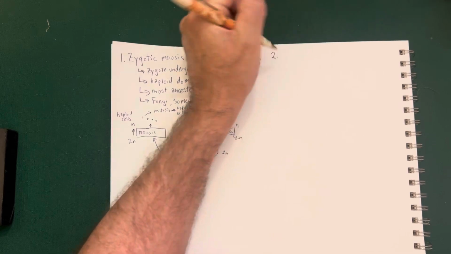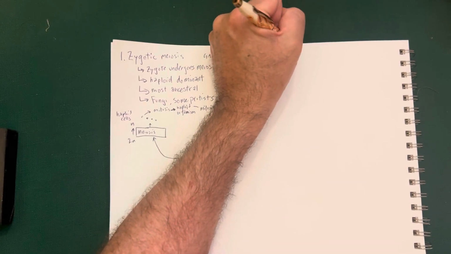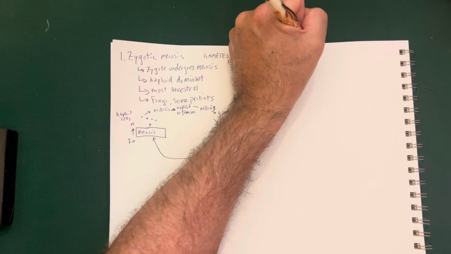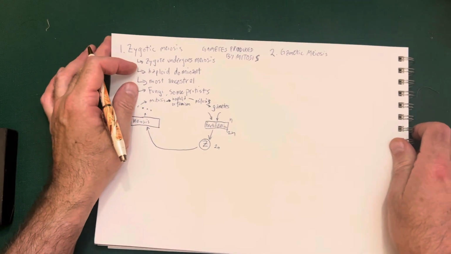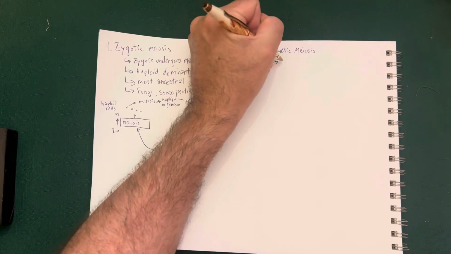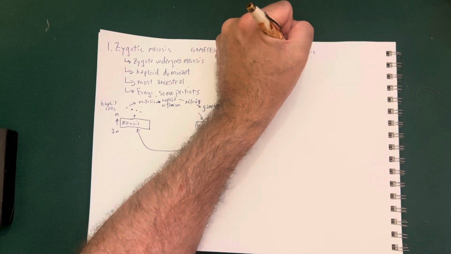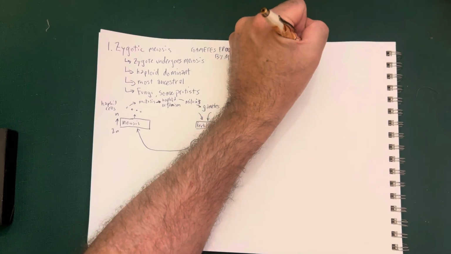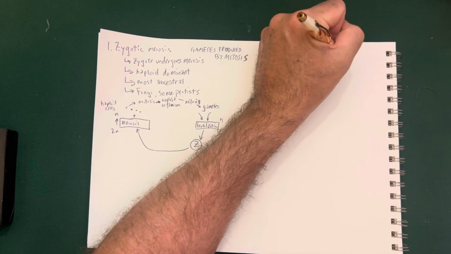Over here, I'm going to draw gametic meiosis. And this is going to seem more familiar because this is what we find in animals. So in gametic meiosis, yes, the gametes are produced by meiosis.